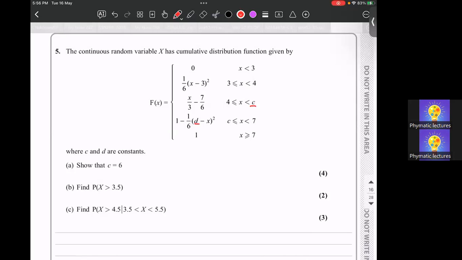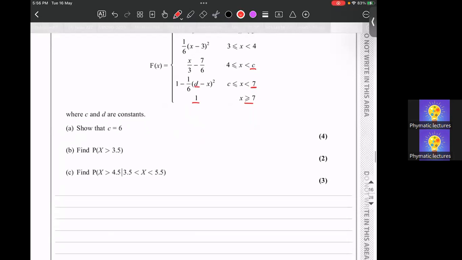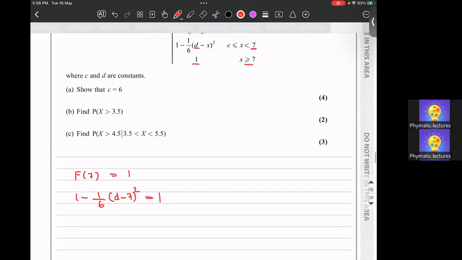We know that once it reaches 7, the total probability is reaching 1. So capital F of 7, we already know, is 1. So 1 minus 1 by 6 into (d minus 7) whole square is equal to 1.